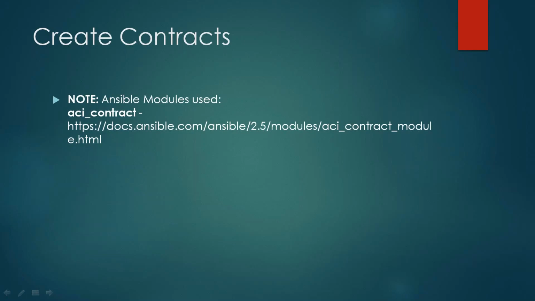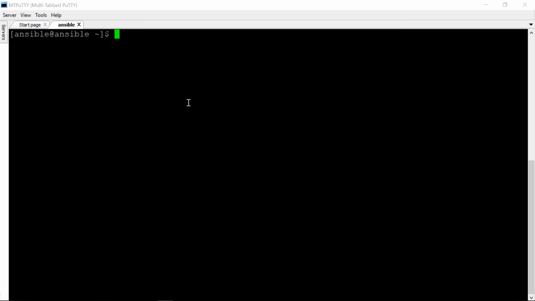Now let's go directly to the Ansible. Inside that I'll create one directory. Inside that I want to put this program. So let's directly create the contract. Here I am inside my Ansible. What I will do, I will create one directory, say cont. We'll go inside that directory.